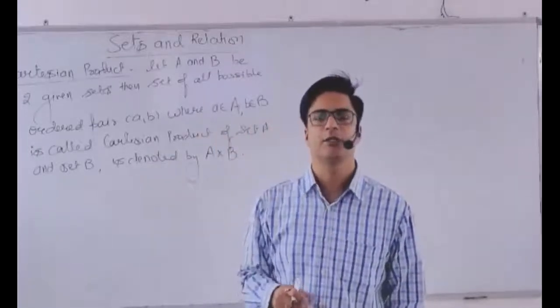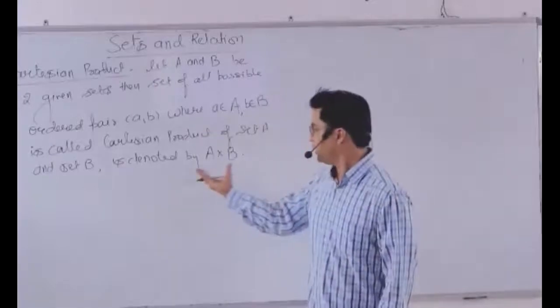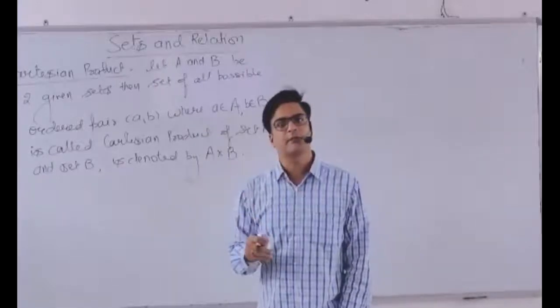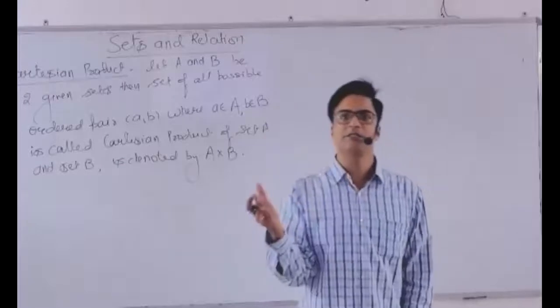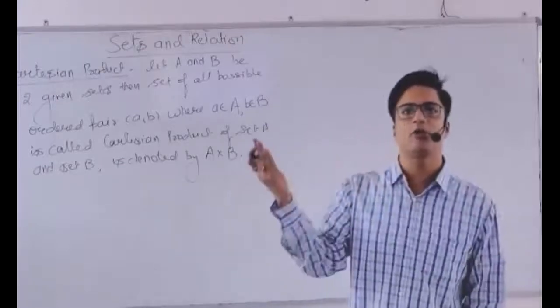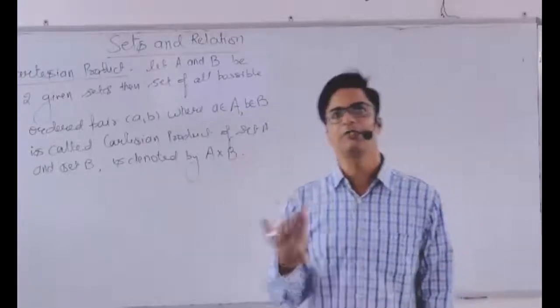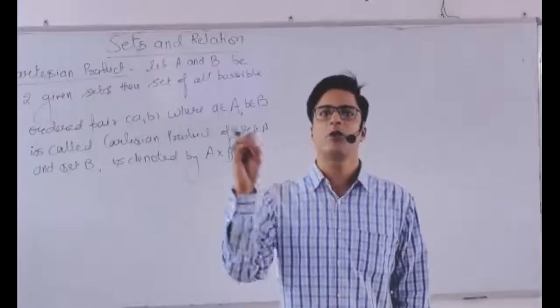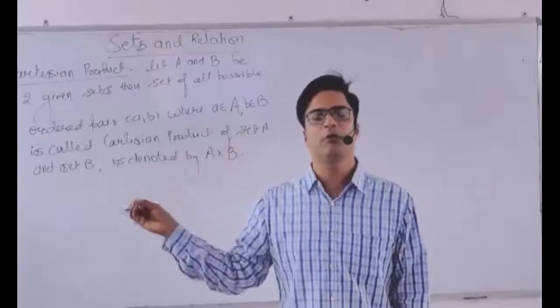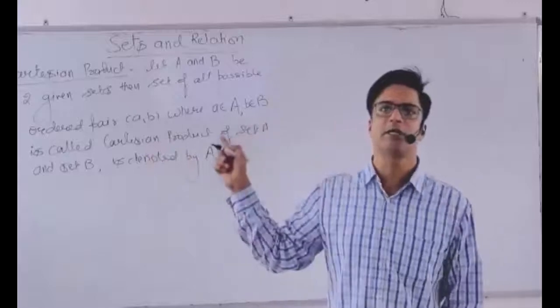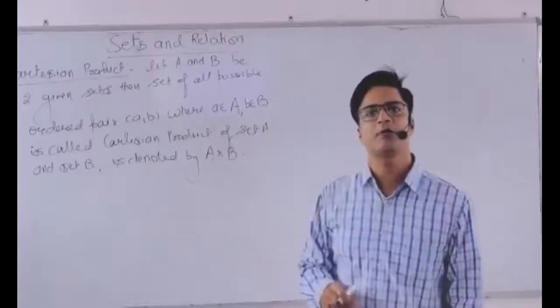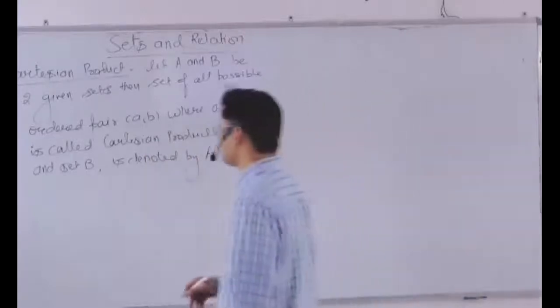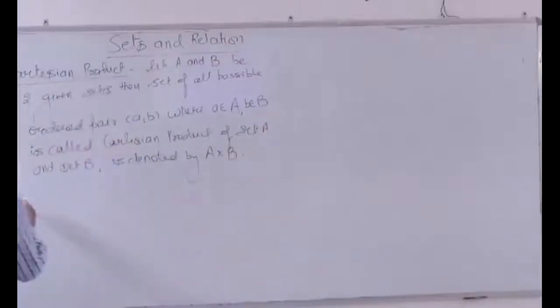Now, what is A cross B? It is basically a set. The elements of the set are basically ordered pairs, or all possible ordered pairs (a, b), where a is an element of set A and b is an element of set B. Understand this with an example.